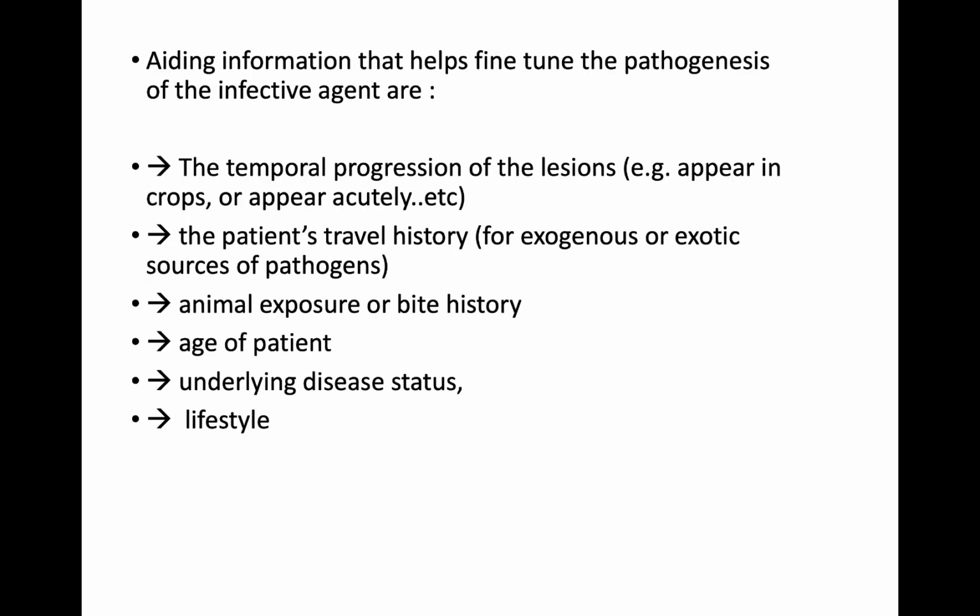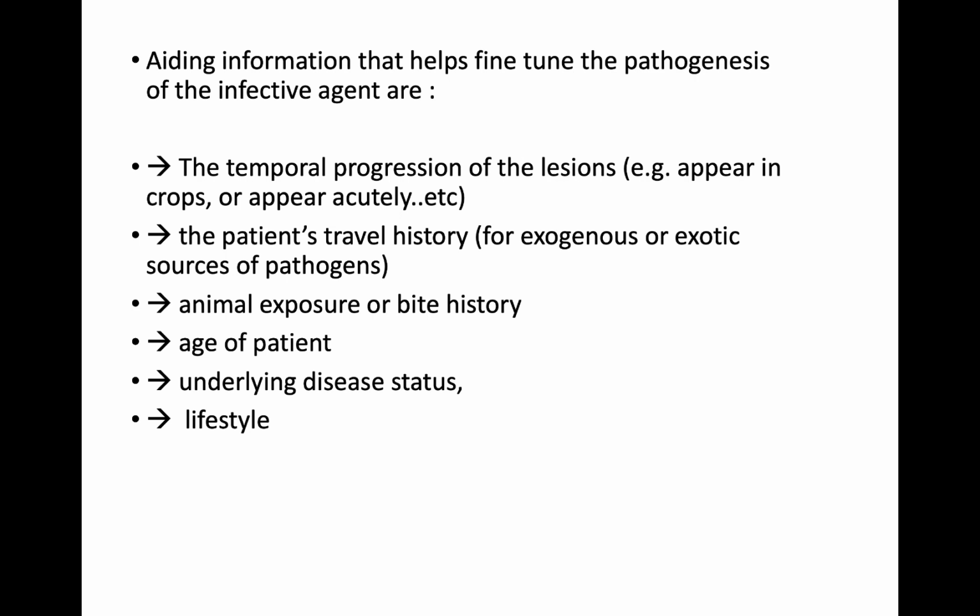So there is aiding information that helps fine tune. You have the first idea, and then you want to fine tune your input data. So the temporal progression of the lesion: where it started, whether it increased, whether it appears in crops or appears acutely.